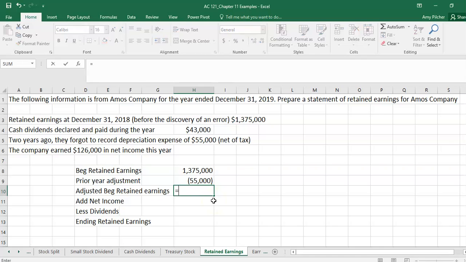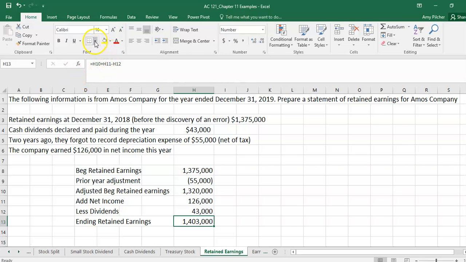So now we have adjusted beginning retained earnings of $1,320,000. We add our net income of $126,000 and remove our dividends of $43,000. So our ending retained earnings is $1,403,000.